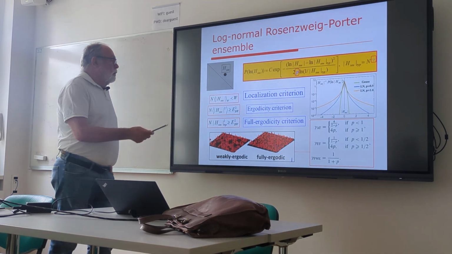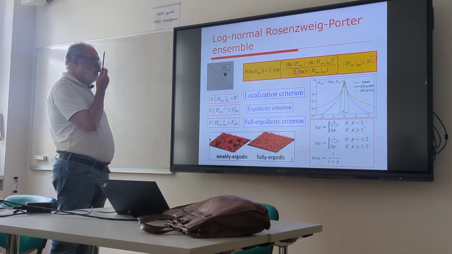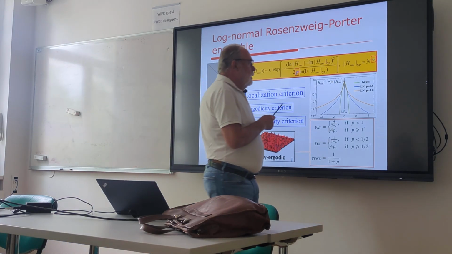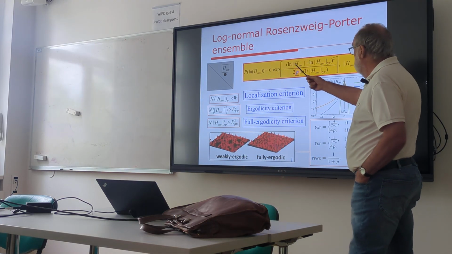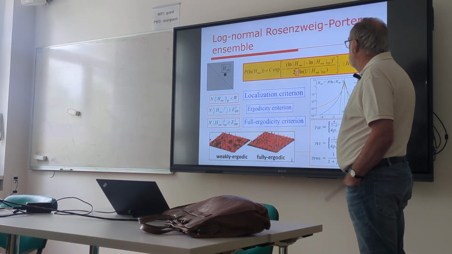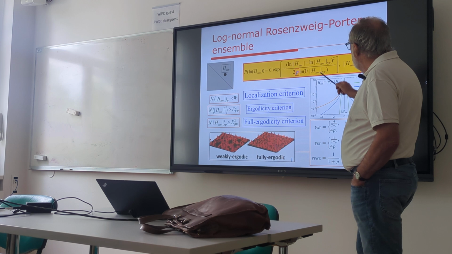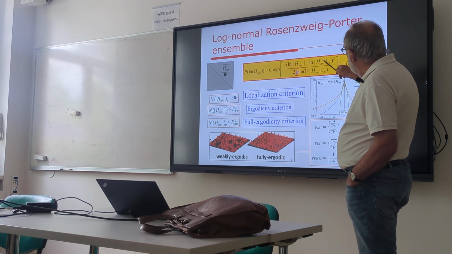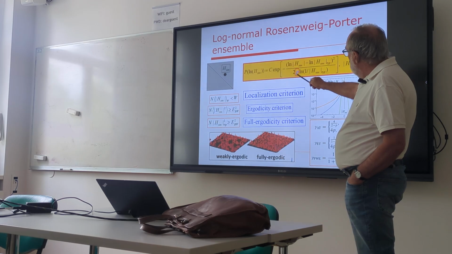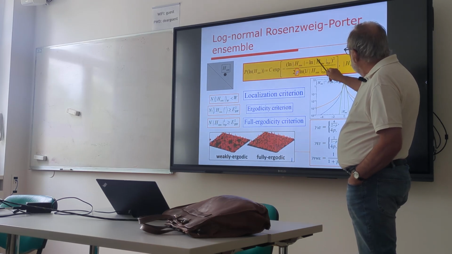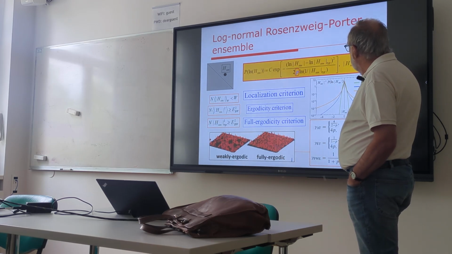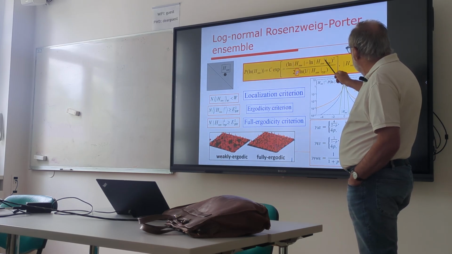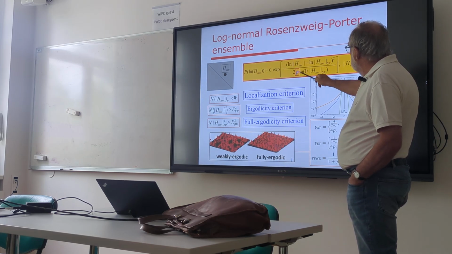And then what I did, I wanted to study the more general log normal Rosenzweig-Porter with more general log normal distribution, and this generality is encoded in the parameter p, because this is the logarithm of the typical value, and this is the variance.